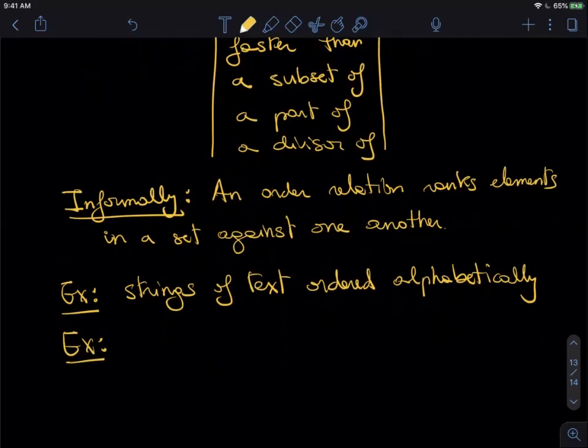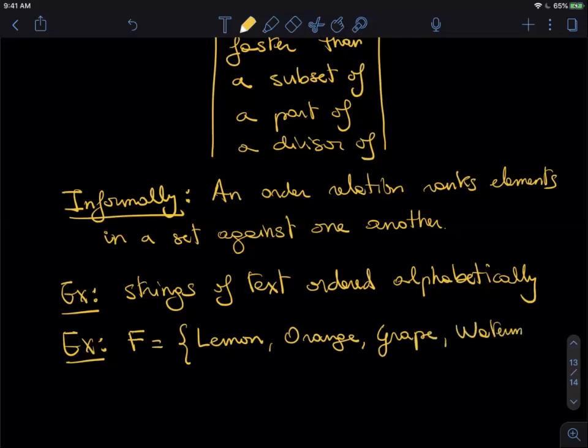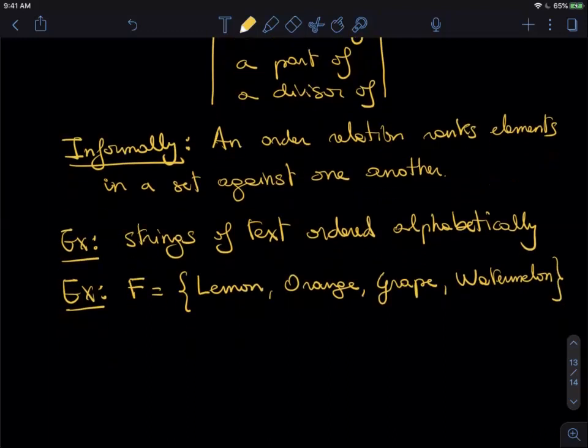So let's say that now we consider the set of fruits. I consider lemon, orange, grape, and watermelon. And the order relation could be X is sweeter than Y, or we could say as sweet as, just to be on the safe side.